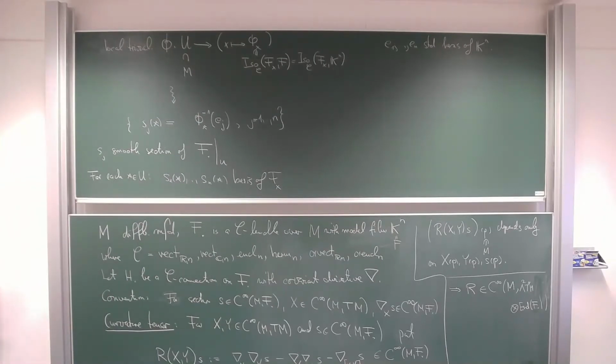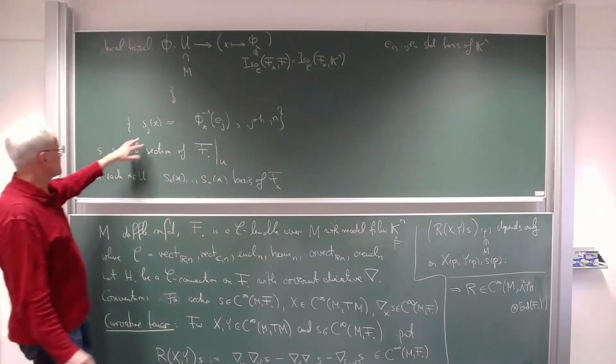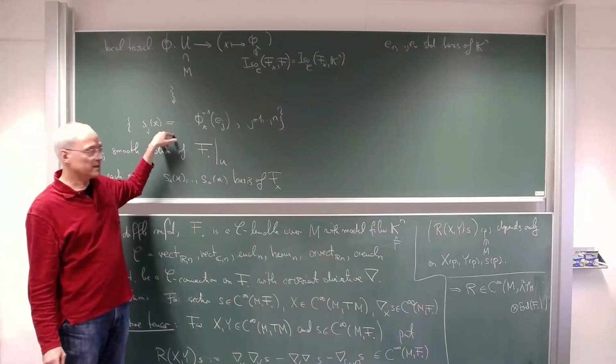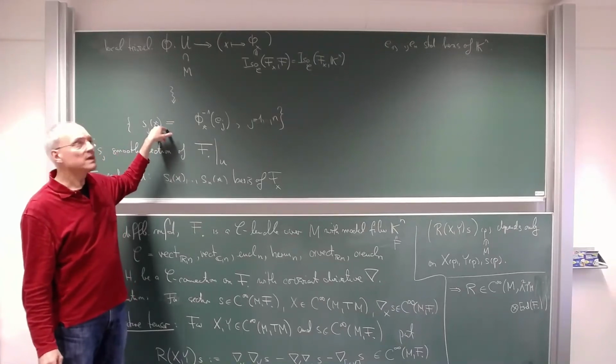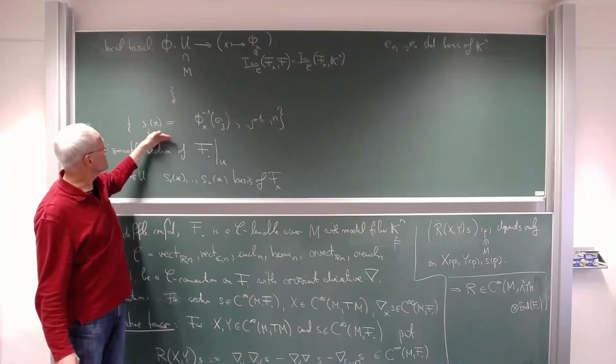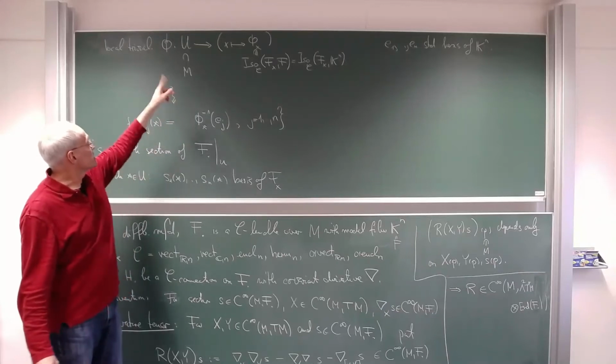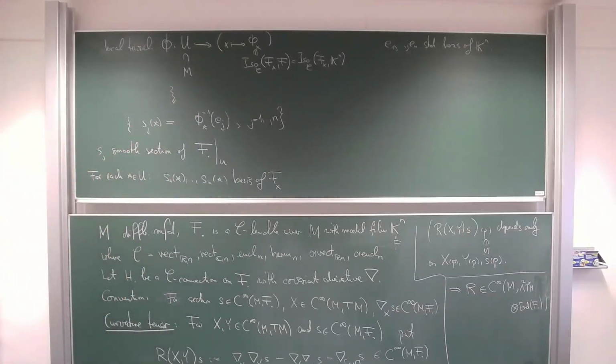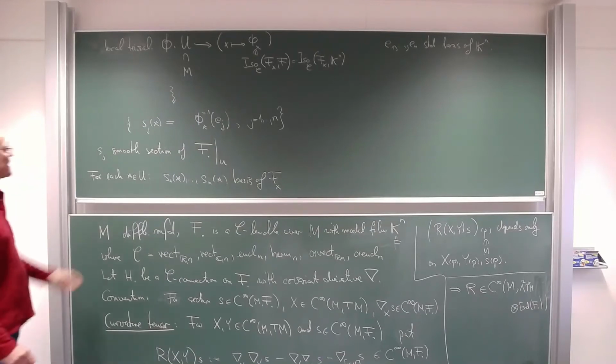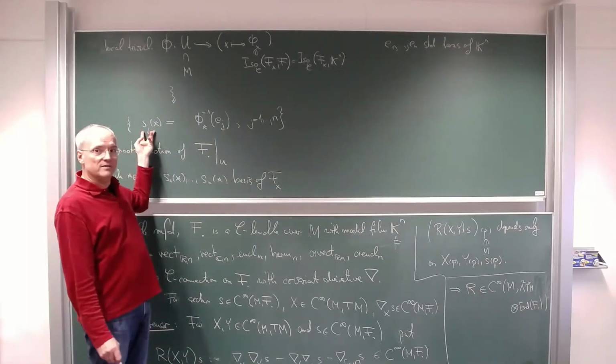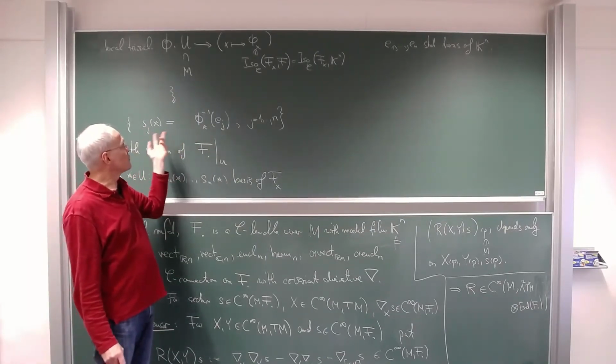So given a local trivialization, I can take the standard basis of Kn and make out of this local sections, local basis, which depend smoothly on x, at least over the same set where this local trivialization is defined. Conversely, if I have such, you call this a local frame, right?